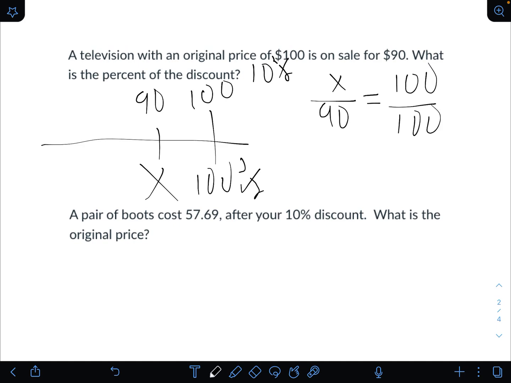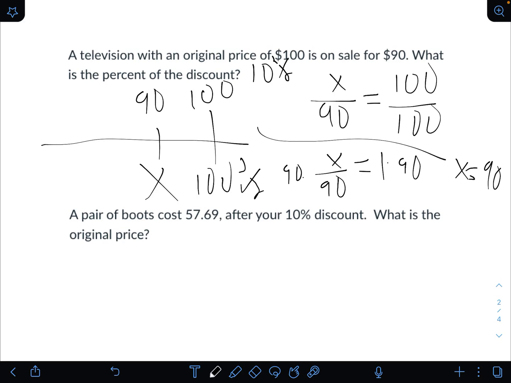Okay, so that's X over 90. Oh, what's 100 divided by 100? 1. Times by 90, X equals 90. 90%, but we only pay 10%. We pay 90%, the discount's 10%.